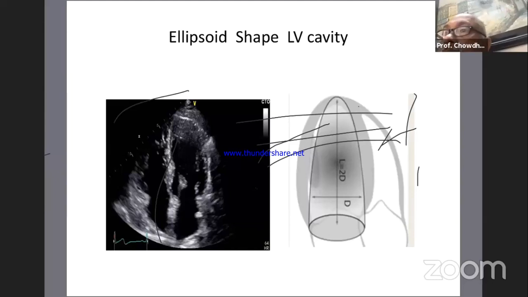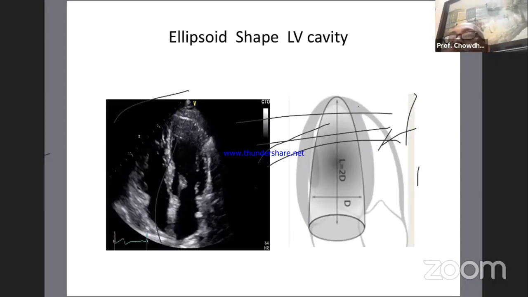Because in this picture, you can see how closely the left ventricular structure resembles the ellipse. And if we can measure only one dimension at the base of the left ventricle, the machine is very smart in computing the whole mathematics and giving you the left ventricular cavity size.